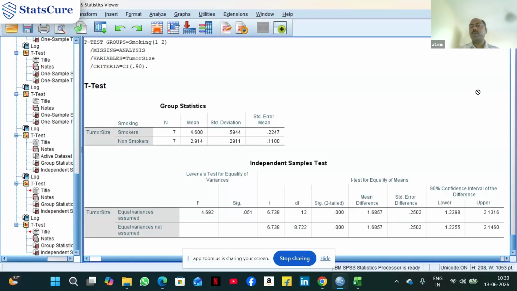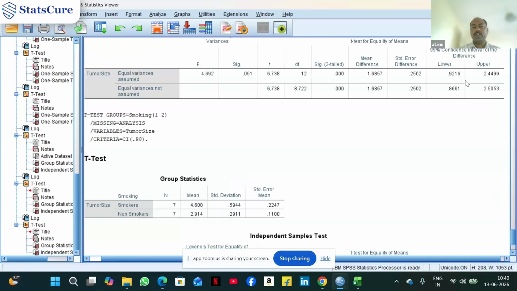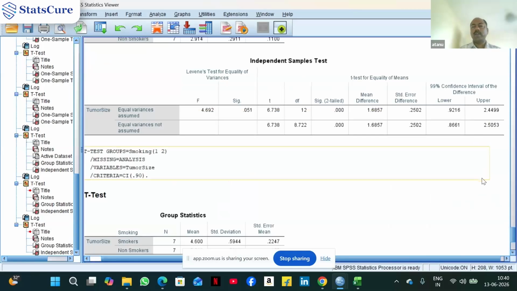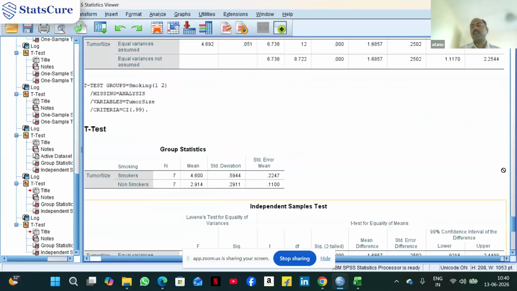The difference between lower and upper is quite smaller now, 1.22 to 2.13. Whereas the earlier one was bigger, 0.92 to 2.44, and 90 was in between.